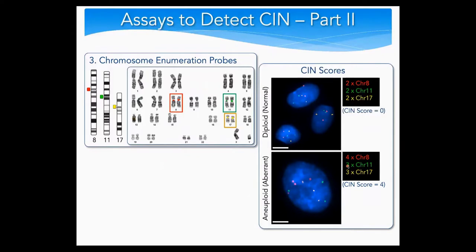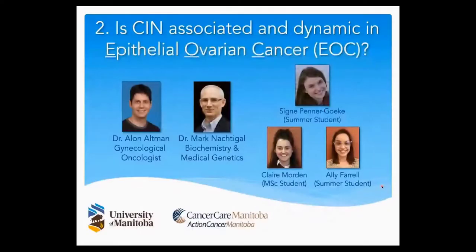In essence, 2 extra copies of chromosome 8, an extra copy of chromosome 11, and an extra copy of chromosome 17, for a total CIN score in this case of 4. Now, by analyzing a series of images and upwards of hundreds of nuclei from a given condition, we can really get an appreciation for the deviation that is observed in these various different conditions.